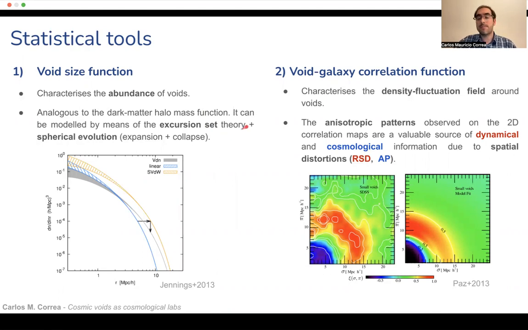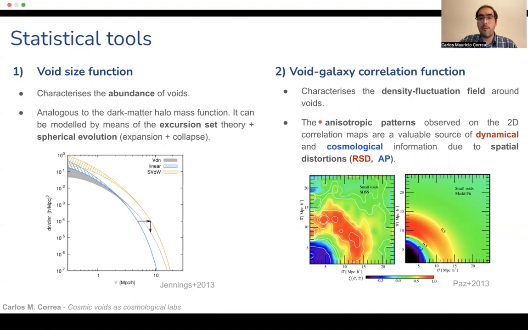On the other hand, we have the void galaxy correlation function. Mathematically, it quantifies the probability excess of finding void galaxy pairs with respect to a homogeneous distribution of such pairs. Physically, it characterizes the density fluctuation field around voids.